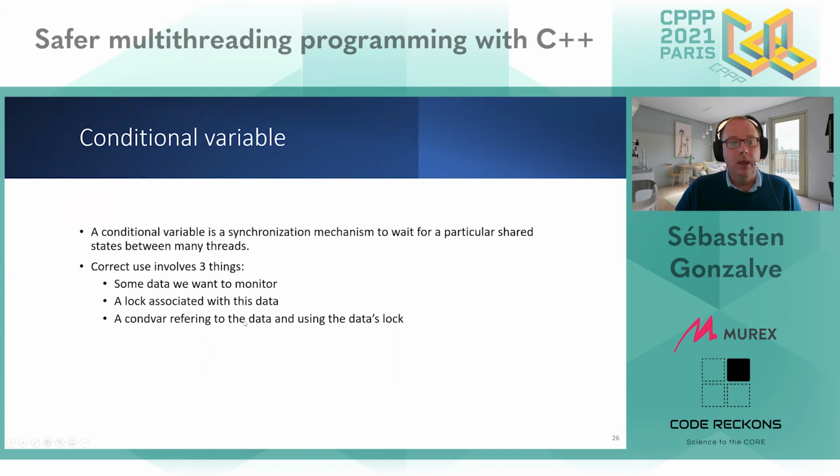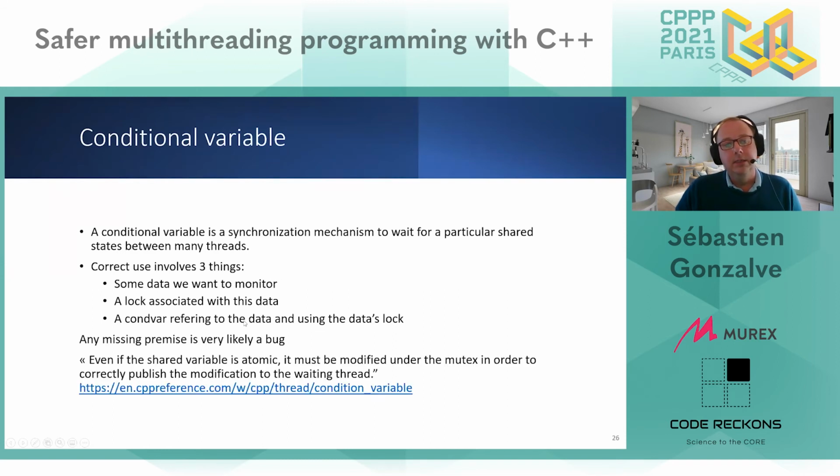I insist on the fact that any missing part when using a condition variable is very likely a bug. If you have code with condition variables and you are missing something of this in your code, you are very likely having a bug.